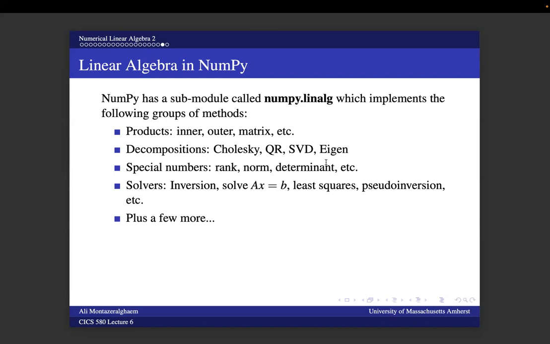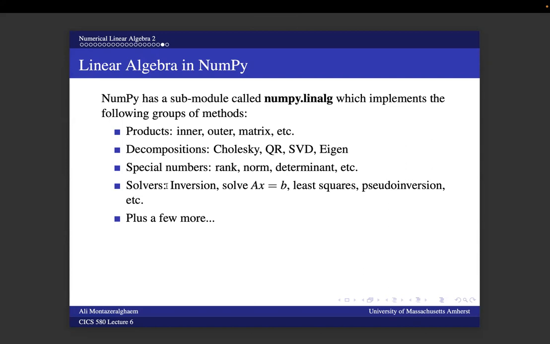There are also methods for finding the norm or rank of a matrix, the inverse, least squares, and pseudo inversion.